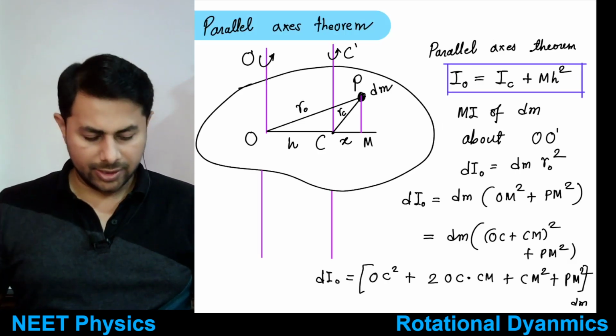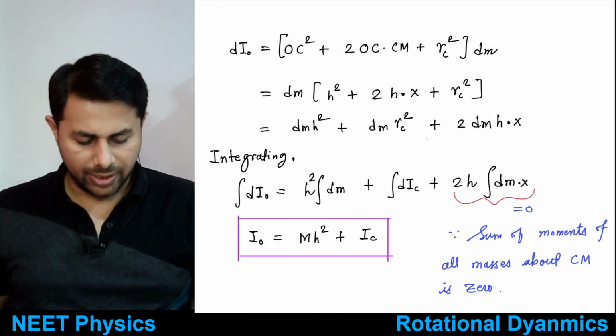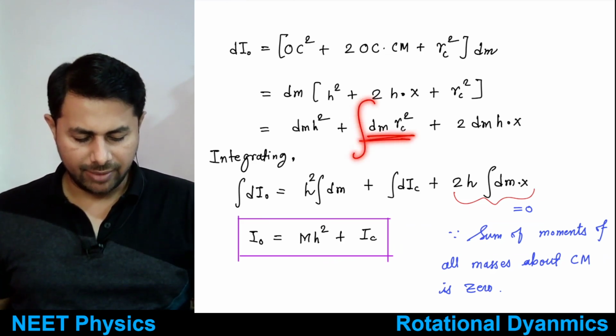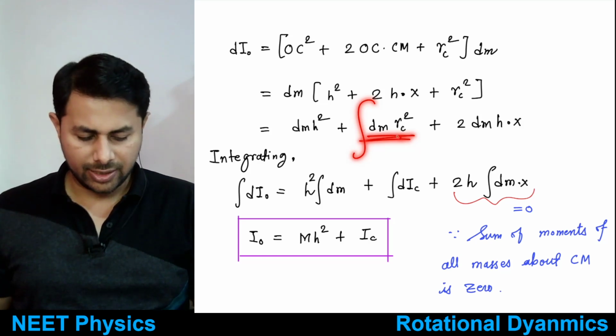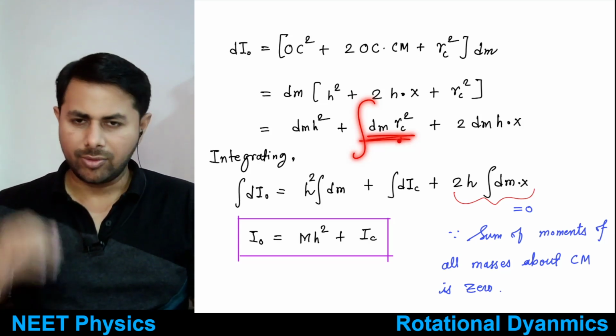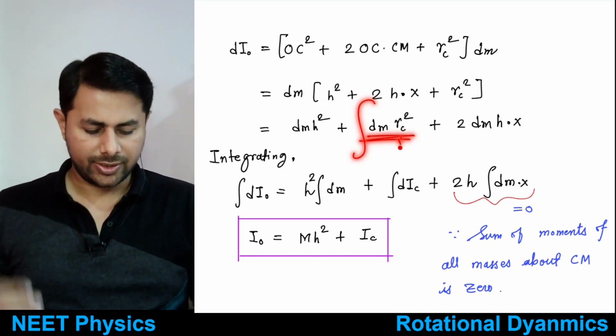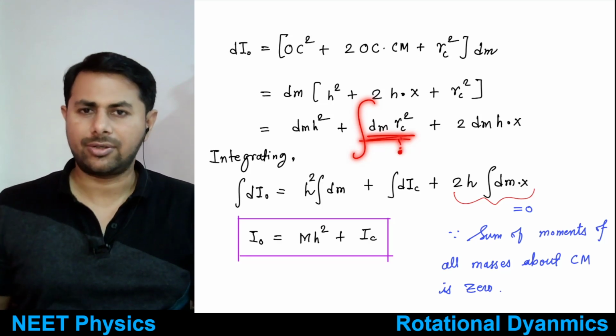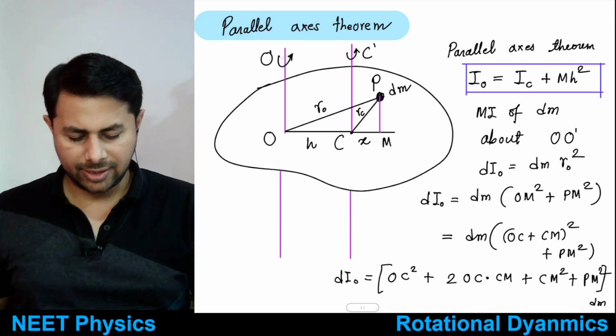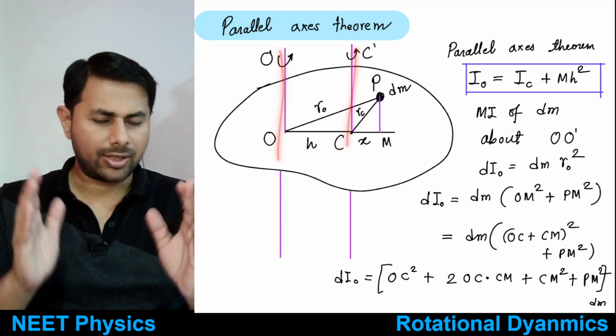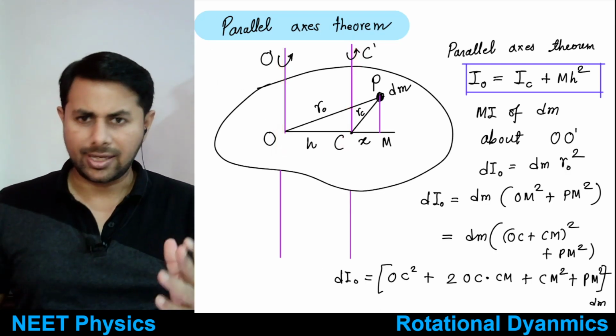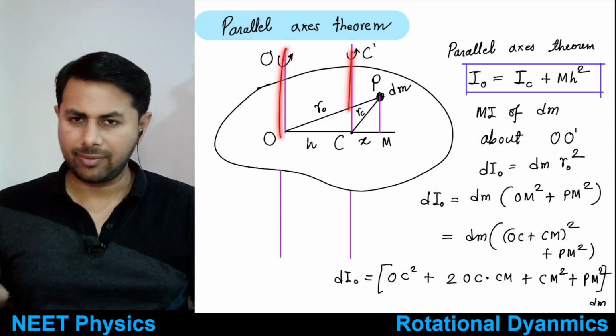Then it is equal to, see, if you integrate this thing, dm times rc square, then what do you get? You get the moment of inertia about an axis passing through the center of mass, and that axis is parallel to this axis. These two axes are parallel.